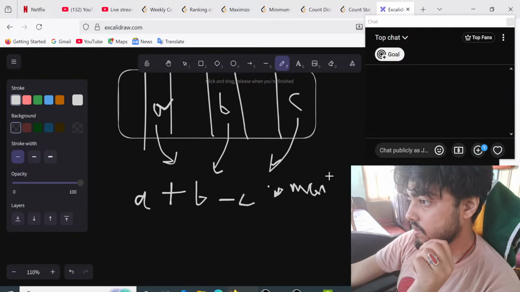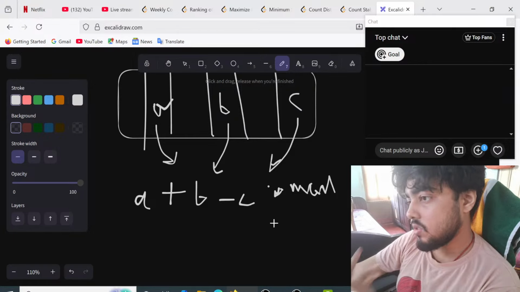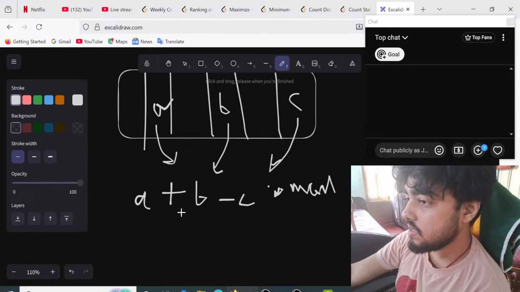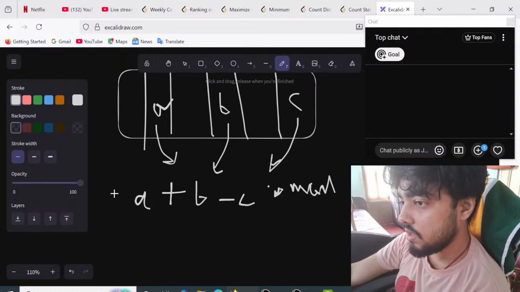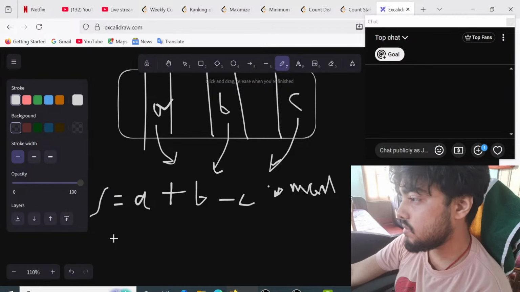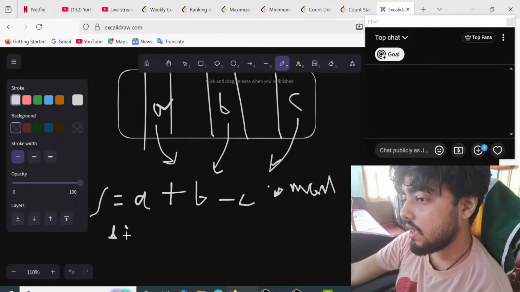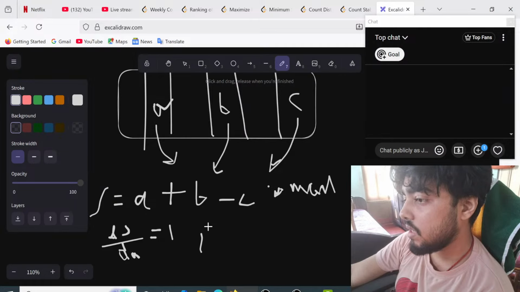Okay? So you have to find this. If we do the differentiation, let's say this is sum S. You have to make dS/dA and dS/dB and like that. So dS/dA is 1, dS/dB is also 1, and dS/dC is minus 1.